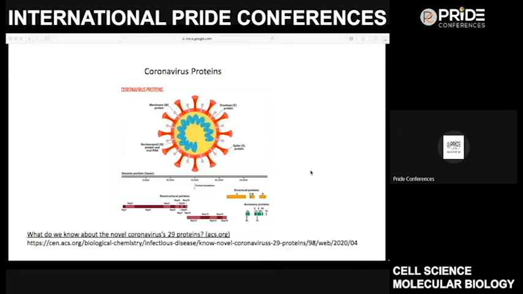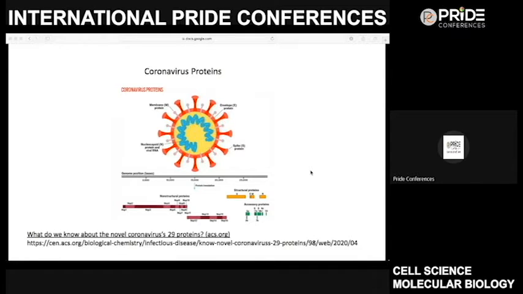So S, M, E, and N proteins are all called structural proteins, and the genome of coronaviruses is about 26 to 32,000 base pairs long. The coding region of the structural proteins is after 20,000 base pairs. So the first 20,000 base pairs of the genome code non-structural proteins, including NSP1 to NSP16.